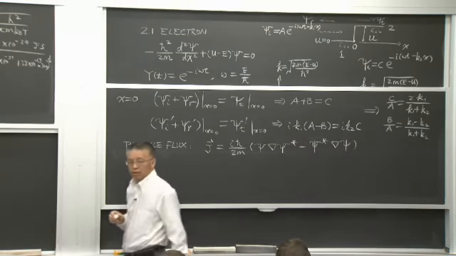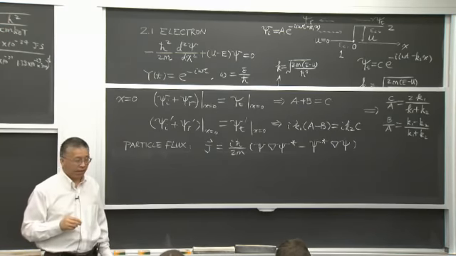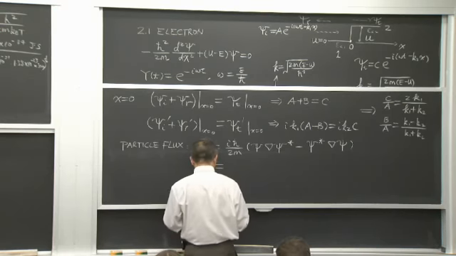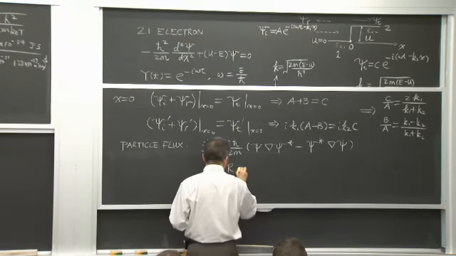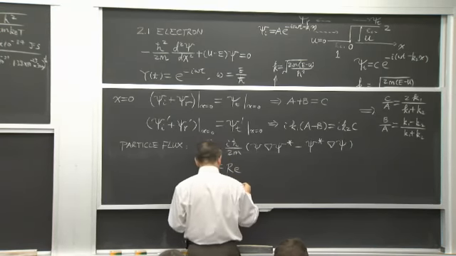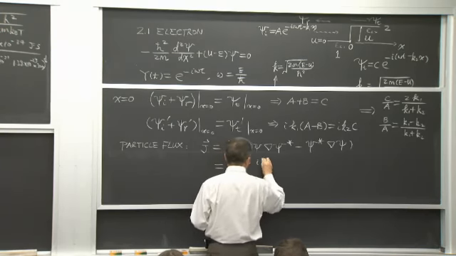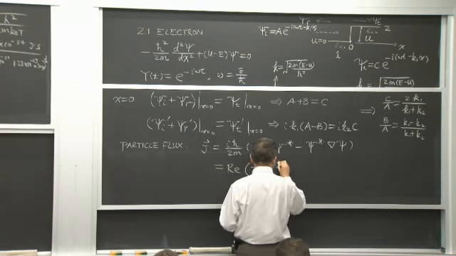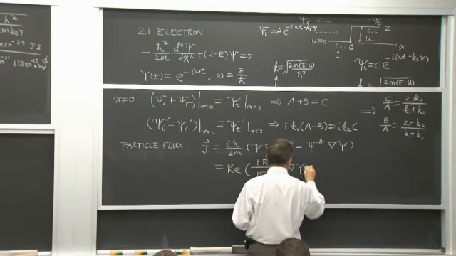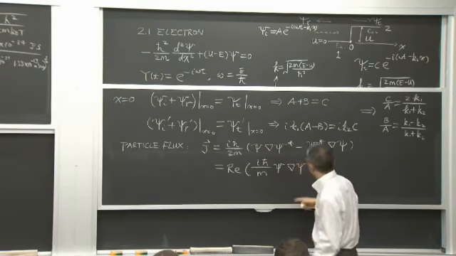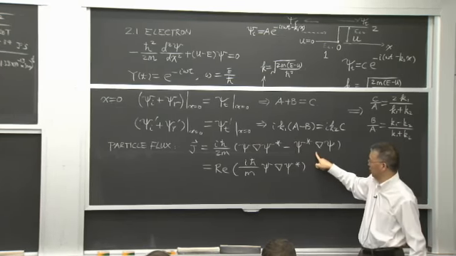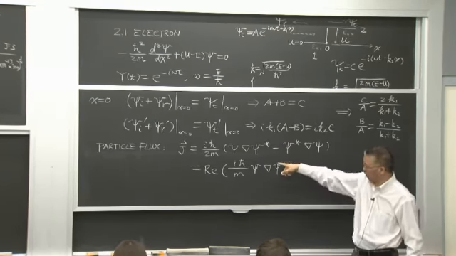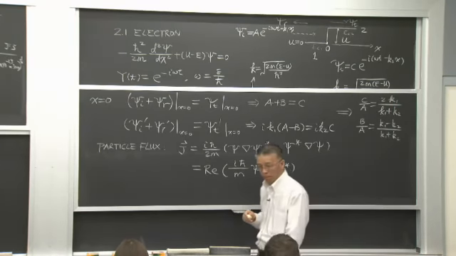That's the particle flux. Another way to write this in shorthand is the real part of i h bar over m, psi complex conjugate gradient of psi, because the two terms are complex conjugates of each other, so the difference gives the real part.